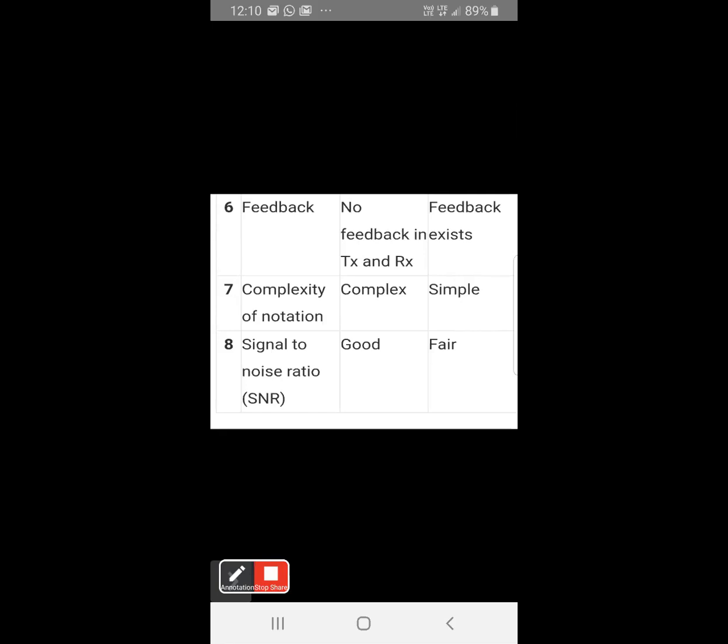The signal to noise ratio is good for PCM, and for DPCM it is somewhat good.